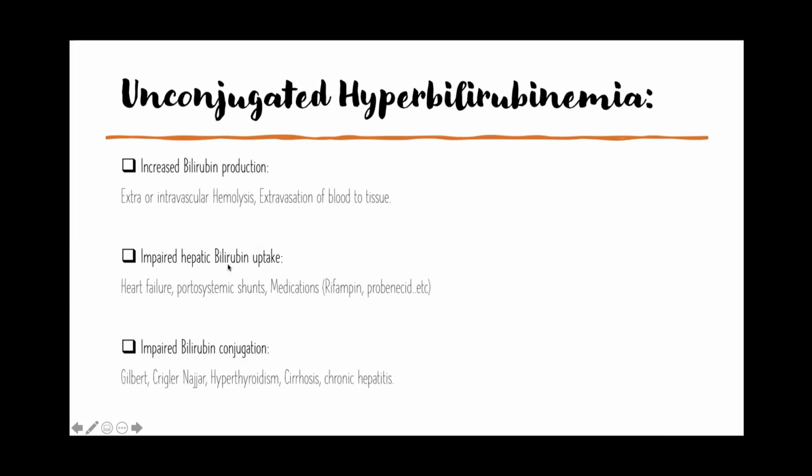Also impaired hepatic bilirubin uptake, which might be in heart failure, some shunts that bypass the liver, and medications. There is also impaired bilirubin conjugation, such as Gilbert disease, Crigler-Najjar, and also hypothyroidism, cirrhosis, and chronic hepatitis.